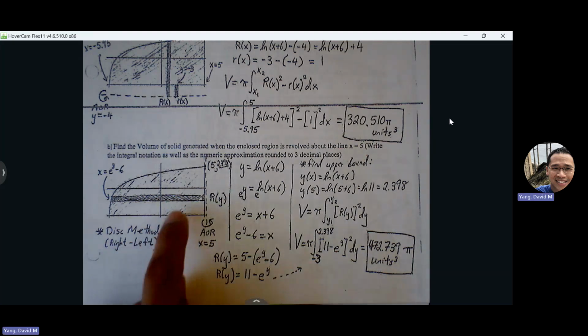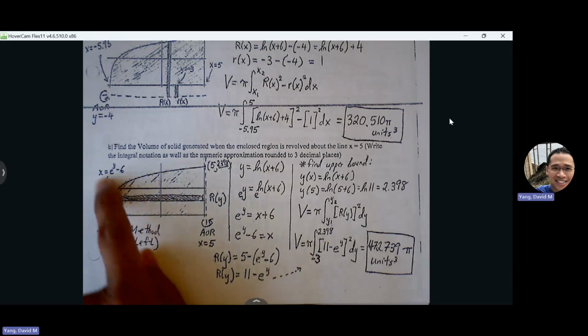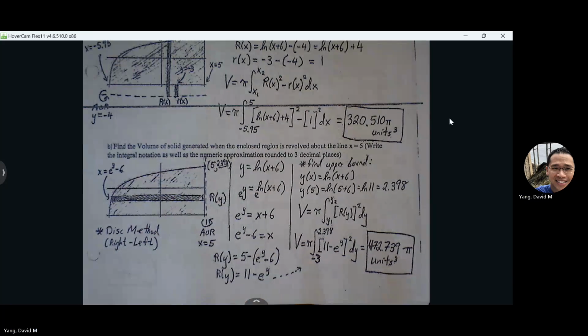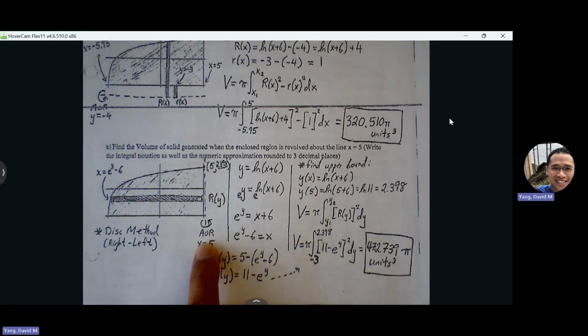Yeah, we have to rewrite our equation. x equals e to the 3 minus 6. And then the other one is x equals 5.